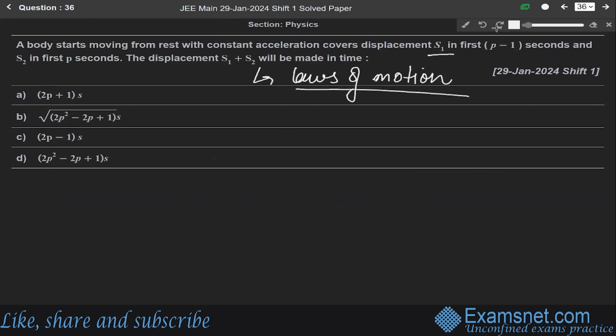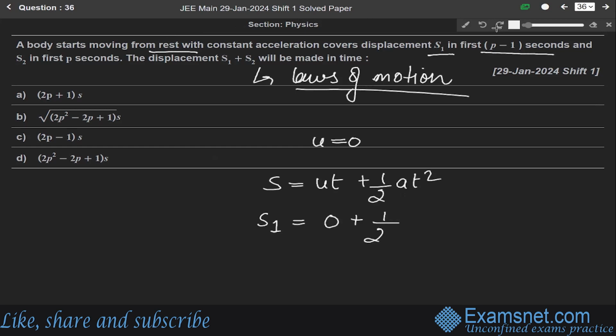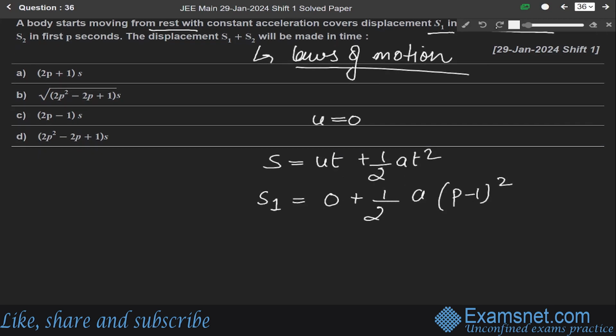According to this question, S1 displacement is made in p minus 1 second when a body starts from rest. So initial velocity is 0. Using the displacement relation of the laws of motion, S equals ut plus half at square, we get S1 is equal to 0 plus half a (p minus 1) square, since it is taking time p minus 1 second.